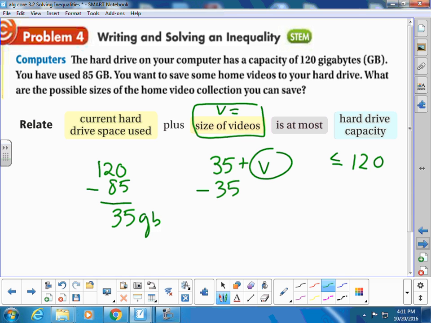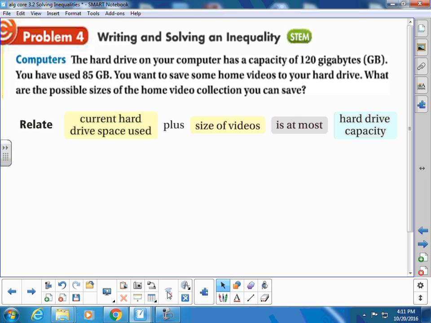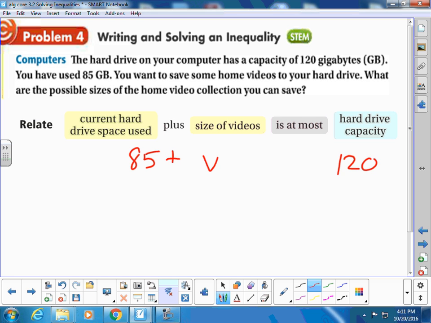I just skipped ahead and solved this. Ignore that. Current hard drive space used, we've currently used 85, plus the size of the video is at most, has to be less than or equal to 120.